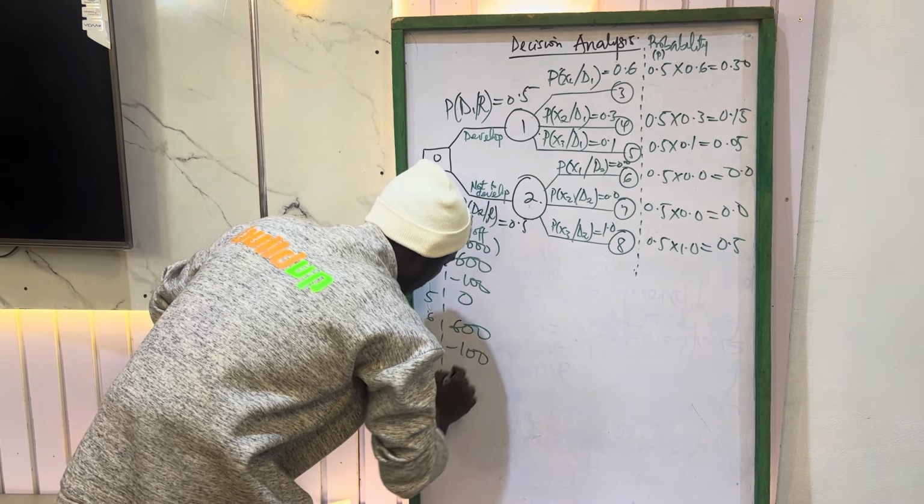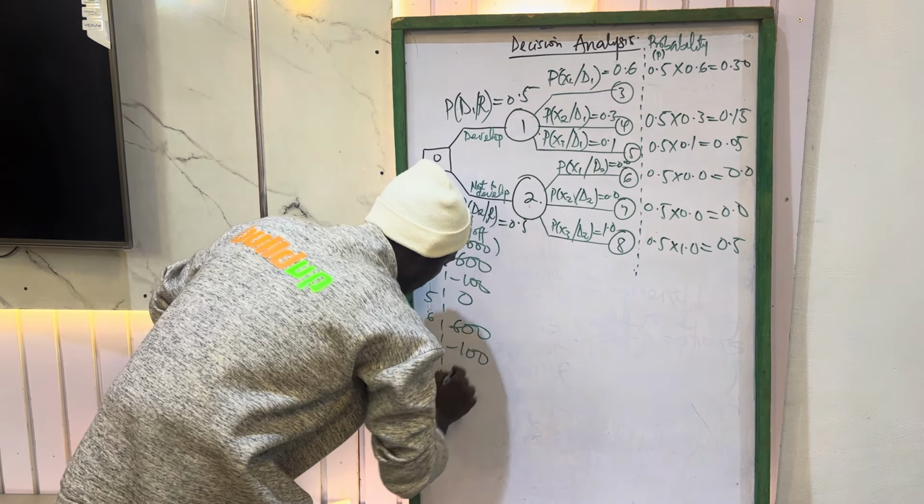So the next thing we're going to do is that we're now going to find the payoff. So I'll call this one P. So let me call this one L. Payoff. So the payoff for the conditional probability, this is just the payoff for the outcome itself. So these are the payoffs for the outcome, but the payoff for the conditional probability is you multiplying this with the probability you get from this point.